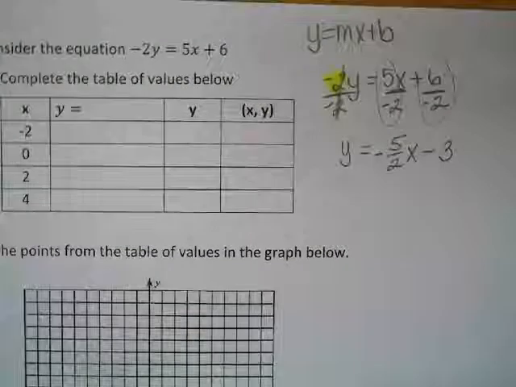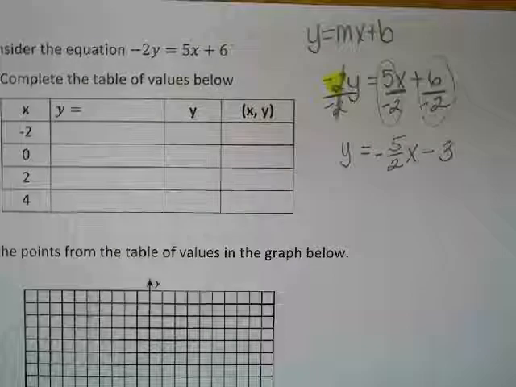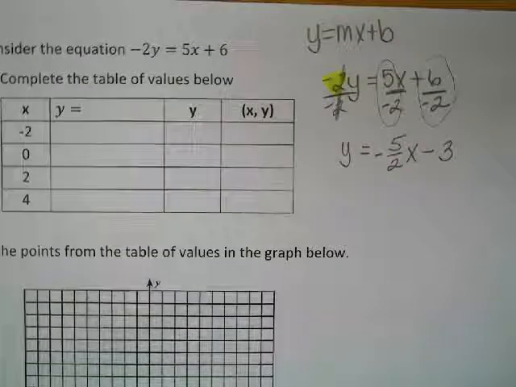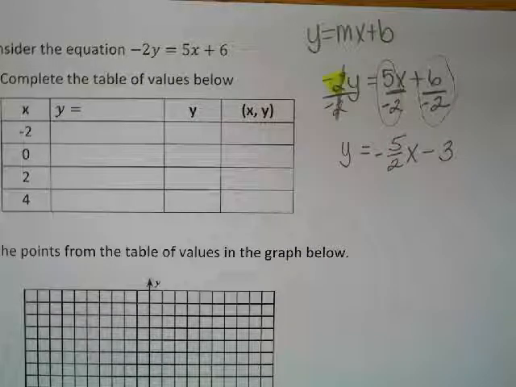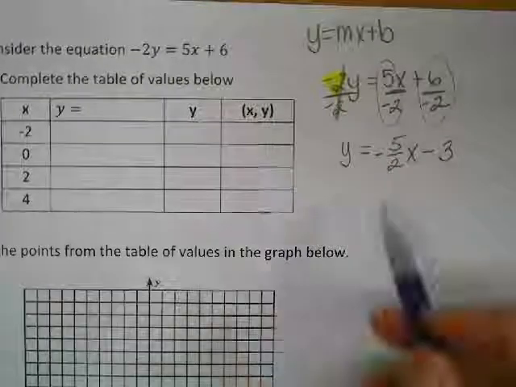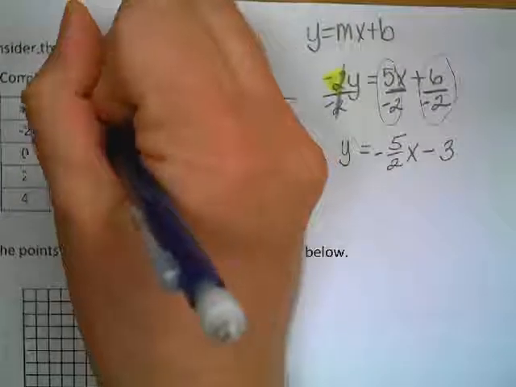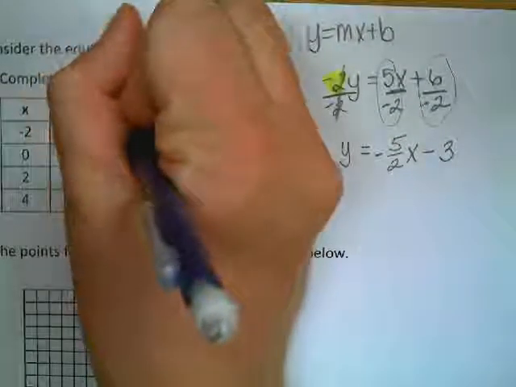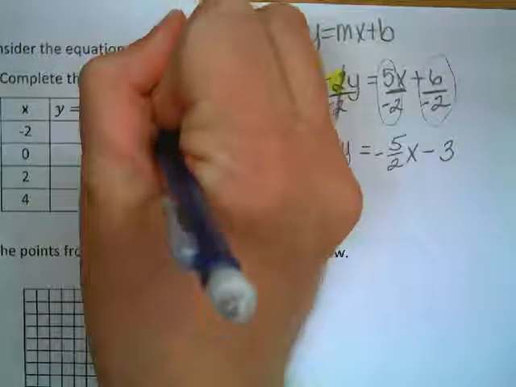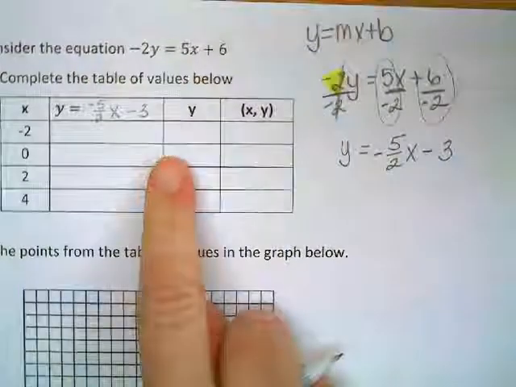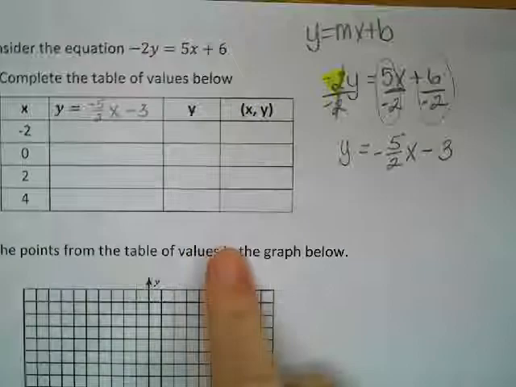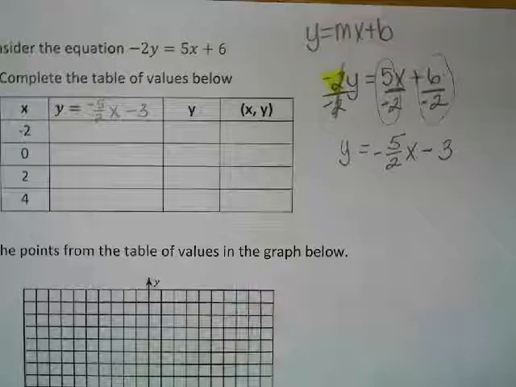So I could put this equation into slope-intercept form, and it ends up being y equals -5/2 x minus 3. And that's what I'm going to put into my table here: y equals -5/2 x minus 3, because that will make my table a lot easier to fill out.